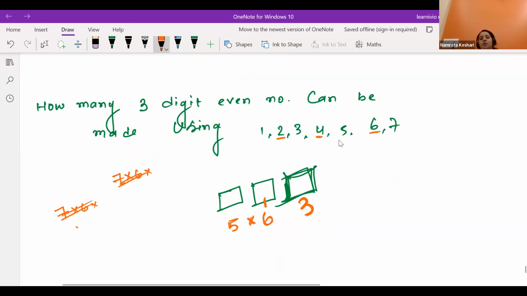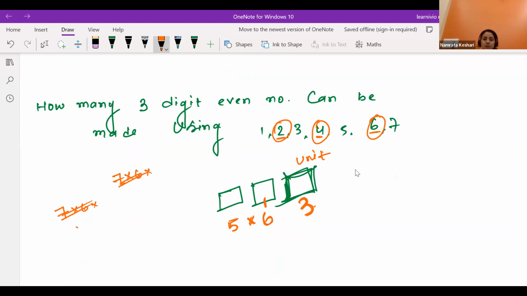A three-digit even number can be made using 1, 2, 3, 4, 5, 6, 7. Total 7 we are having. At each place, we can place any one of the numbers from 2, 4, and 6.